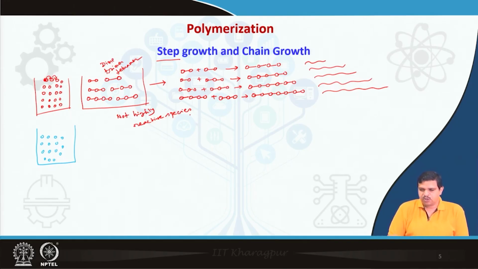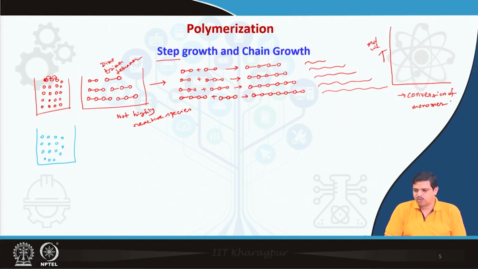As the process is slow, if you plot like this, this is the molecular weight of the polymer, and this is the conversion of monomer, meaning how much percentage of the monomer moles are converted to the polymer.